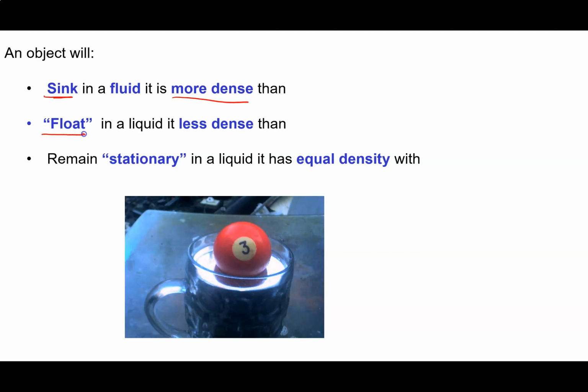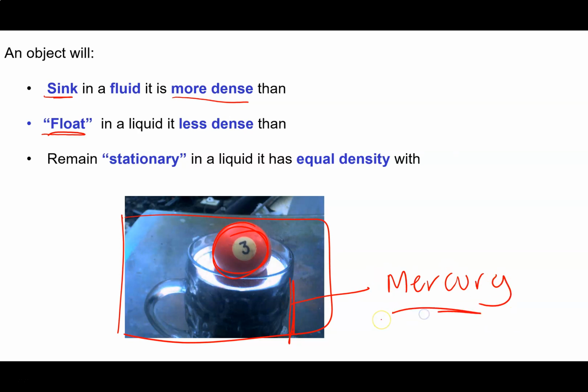Now, if an object is less dense than a liquid, then it will float in that liquid. So if you throw a piece of cork into a lake and it floats, you know that the cork is less dense than the lake water. Or in this case, someone has discovered that the number 3 ball from the pool table is less dense than mercury, which is being used to fill the pint glass.